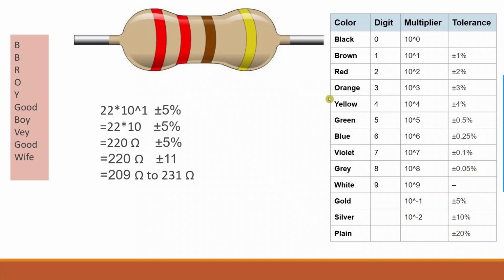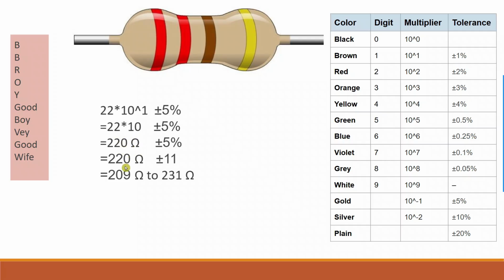This is brown color. 10 to the power 1. And what is the tolerance of gold? 5%. Now 22 into 10 to the power 1, which means 10, so 22 into 10 equal to 220 ohm.